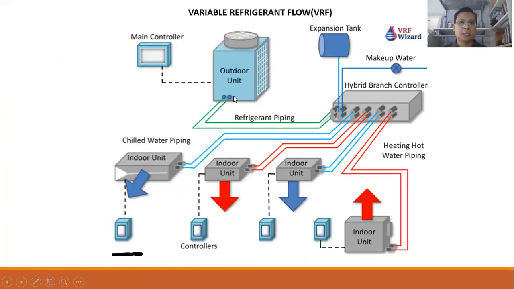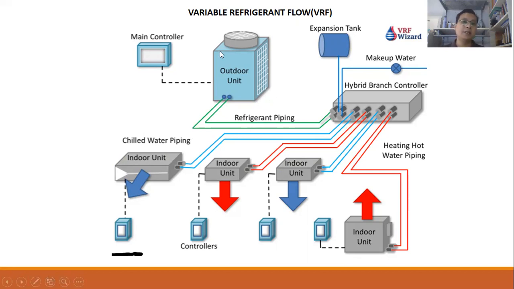Now we go to the other topic. As I mentioned before, topic two is about VRF, variable refrigerant flow. As shown in the figure, this is how we implement variable refrigerant flow.